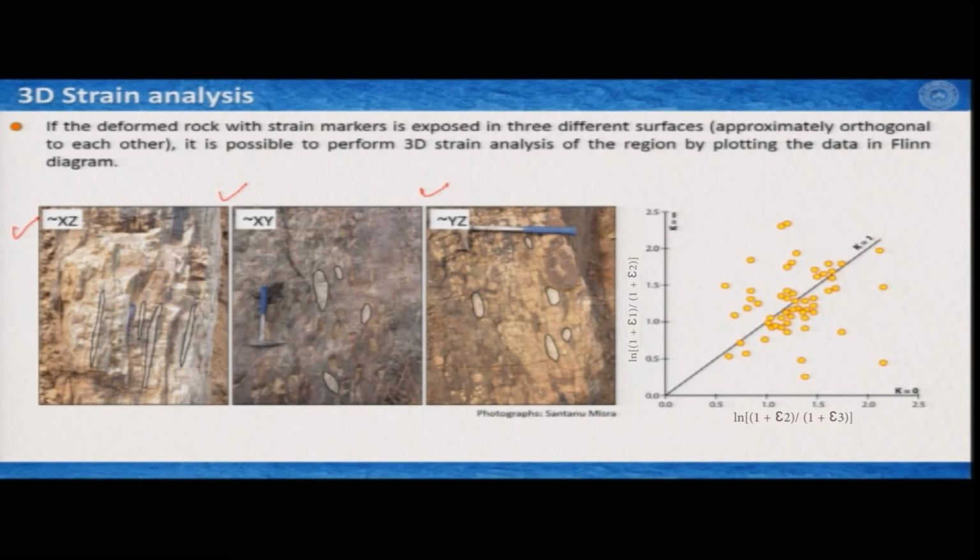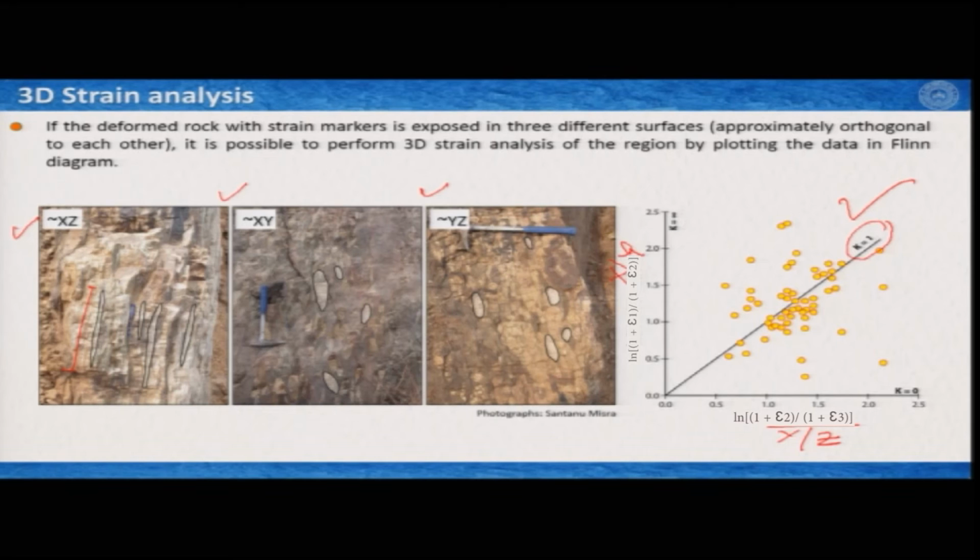What you see here in the xz plane is that these conglomerates are extremely stretched. On the xy and yz planes, they appear, at least in terms of their ellipticity, more or less similar. What the students do in the field is measure this long axis versus short axis, and out of this, on each plane they figure out the stretch, and then they plot it on the Flynn diagram, which you see here. And when they plotted it, they got an excellent cluster along K equal to 1.